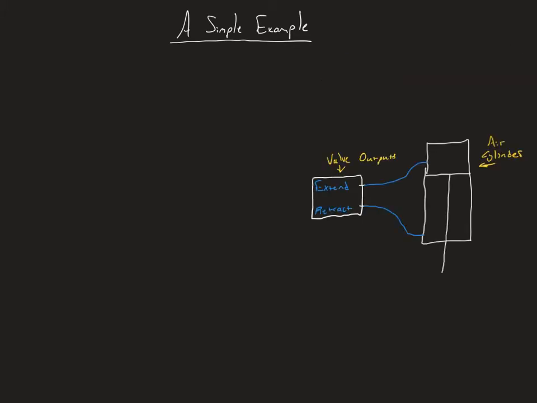So here we have our valve outputs: extend, which fills this chamber with pressurized air and will cause the rod to extend, and a retract output, which will cause this chamber to fill with air, which will cause the rod to retract.